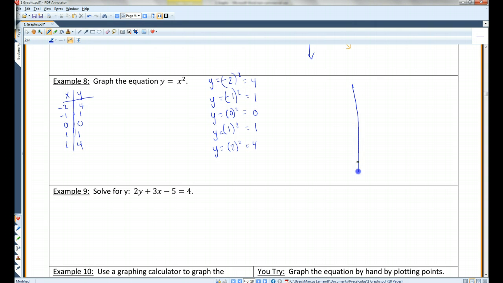Okay, so let's go ahead and graph these. So, negative 2, 4, negative 1, 1, 0, 0, 1, 1, and 2, 4. So you can kind of see this is going to make a U.